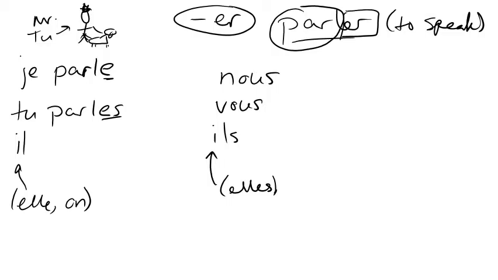So if you have tu with an er verb, often you'll have an S following as well, at least with all the regulars. Sometimes you have an irregular that's a little different, but usually they're not too different there. Anyways, so je parle, tu parles.